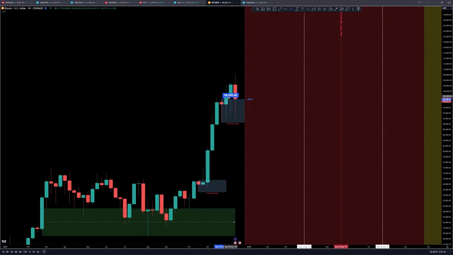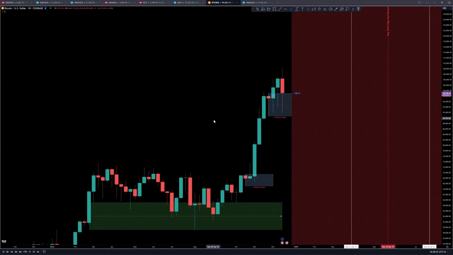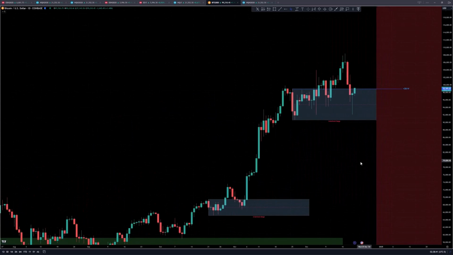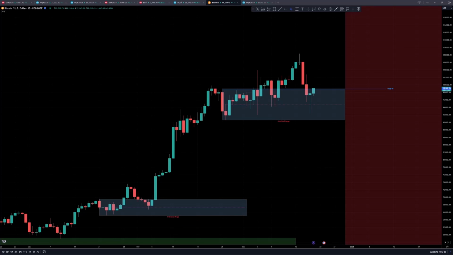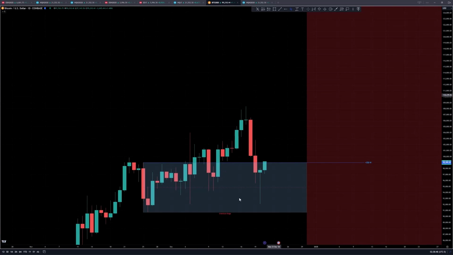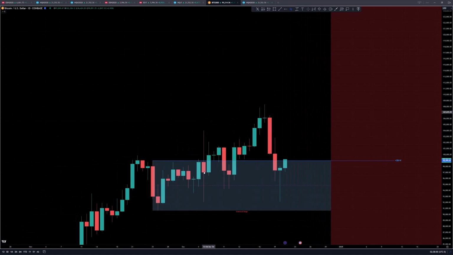Machen wir das weg. Wir können vielleicht noch auf den Tageschart gehen, das ist das Letzte, was ich jetzt im Bitcoin noch mache. Wir hatten hier einen Stop-Run. Jetzt lasst uns schauen, wo der Preis hier ist: 92.055,86.